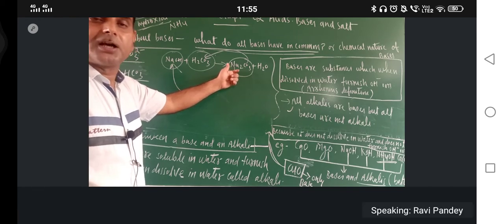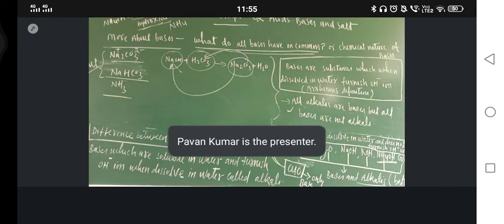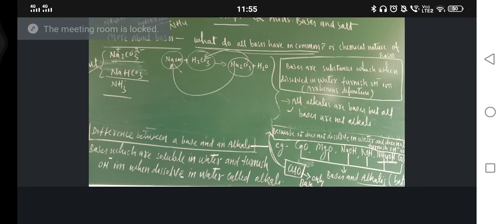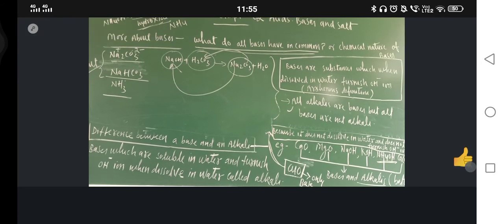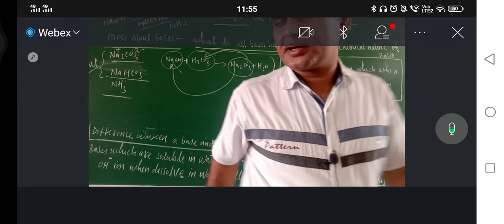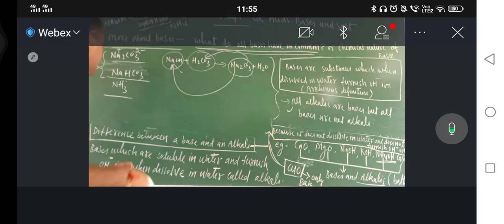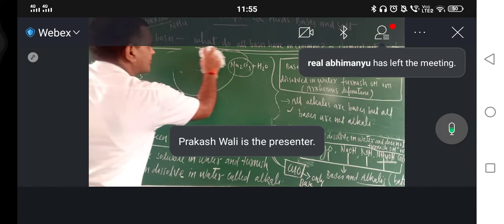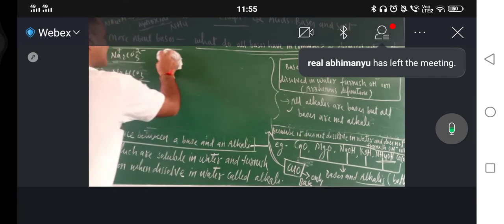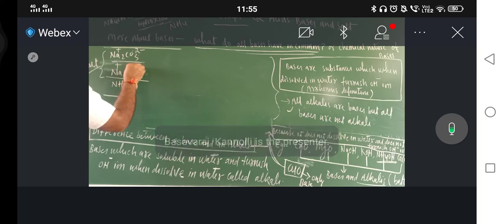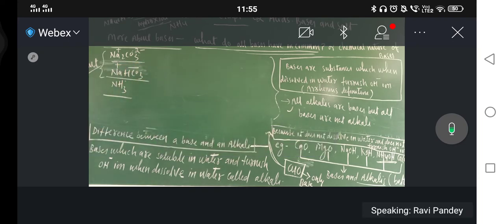The reaction between acids and bases is called a neutralization reaction. Am I audible? Is there any issue? Okay. So this is a salt, and the same is the case with NaHCO3. This is also a salt. Now there is a sodium positive ion and a single negative bicarbonate ion, HCO3.